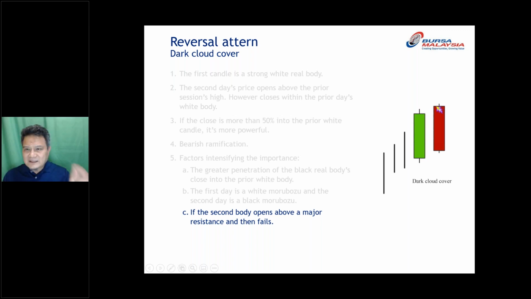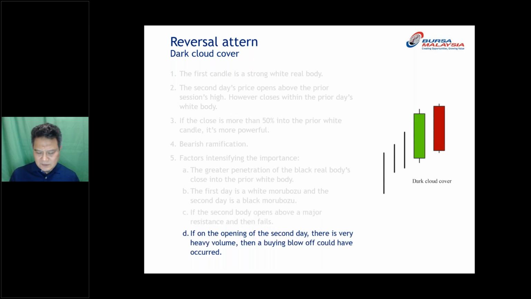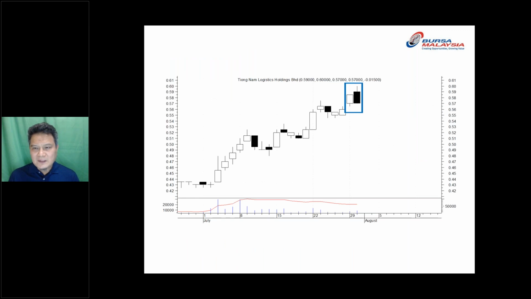You see, it opens higher than the resistance, and after that it will drop. So when it drops here, it will give you a very strong signal. Okay, if at the opening of the second day there is very heavy volume, then what we call it a buying blow off. All right.